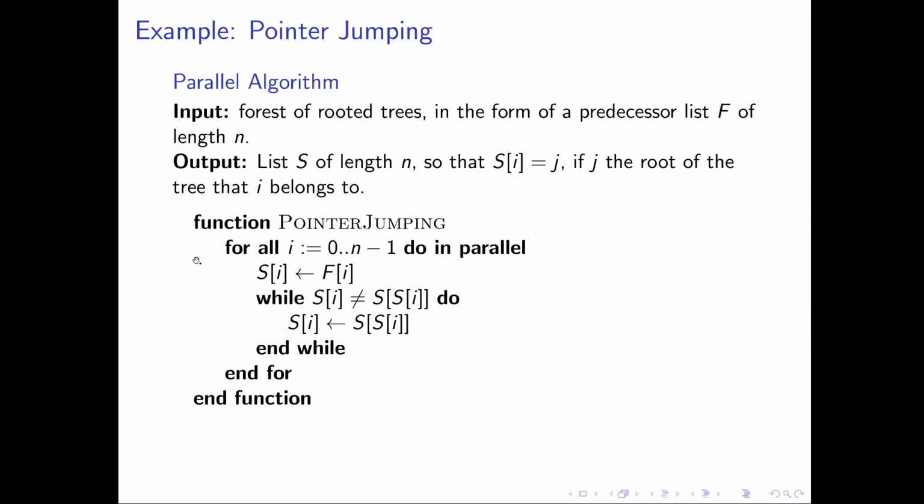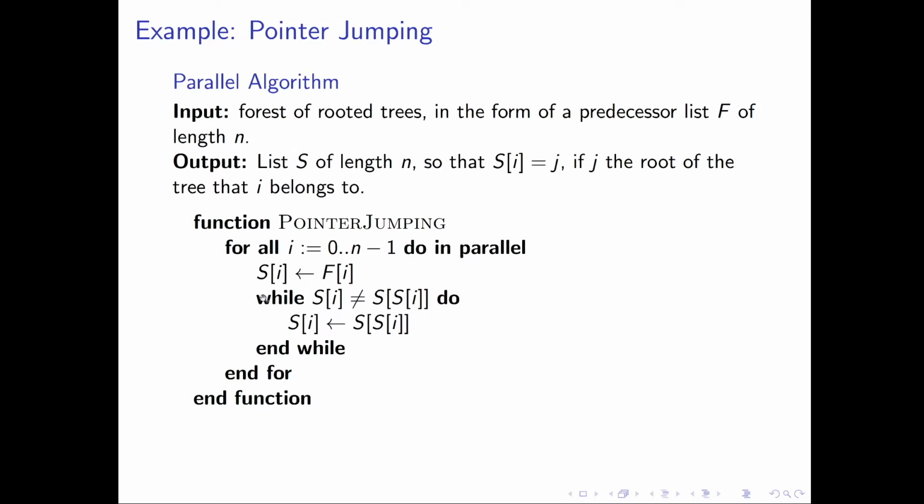And this is what an implementation of the algorithm pointer jumping would look like. We would just run a parallel for loop over all entries in the input array. And then first off, we would initialize the result array with just the entry from the predecessor list. And then we would, in a loop, assign to that entry the predecessor of the predecessor.